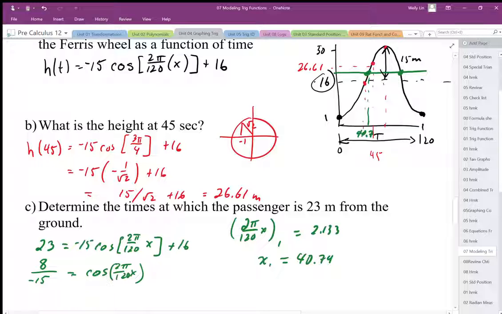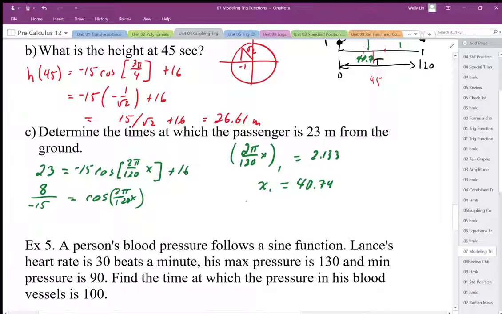If I go down to here, I'm going to end up with the theta 2. To figure out theta 2, I have to use theta 2 for cosine. So that's going to be 2 pi minus theta 1.